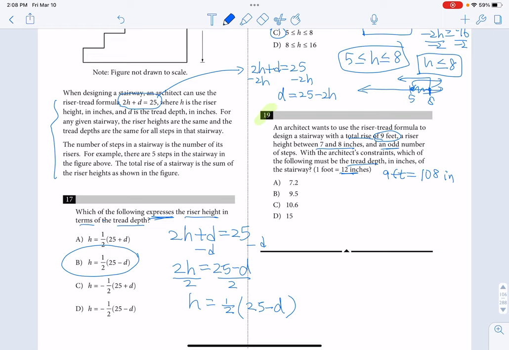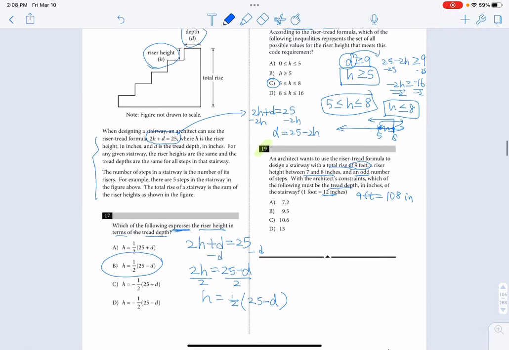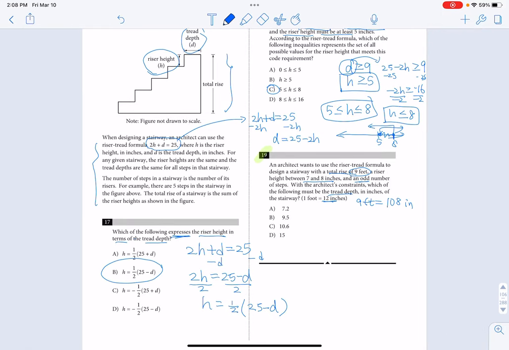So you have a total rise of 108 inches. And for each riser height, they want to make it either 7 or 8.